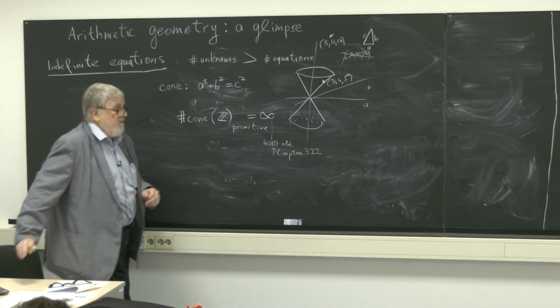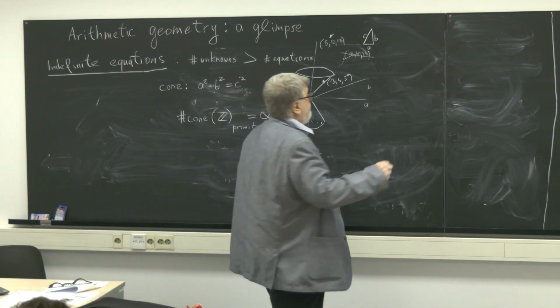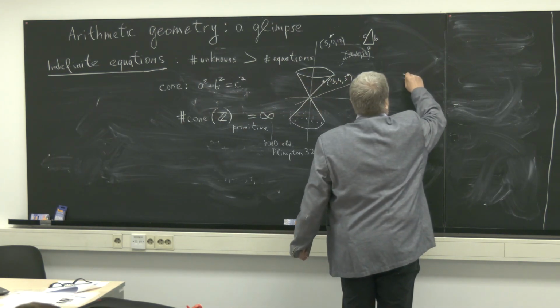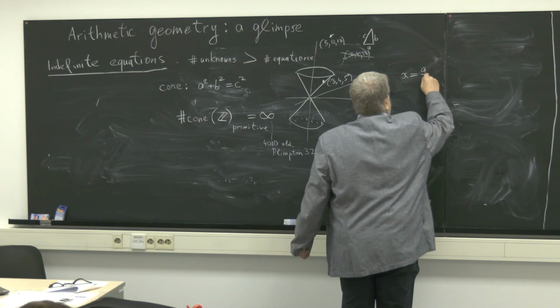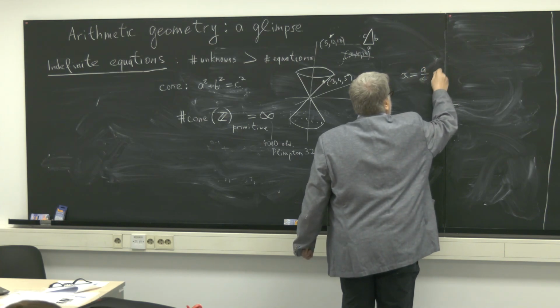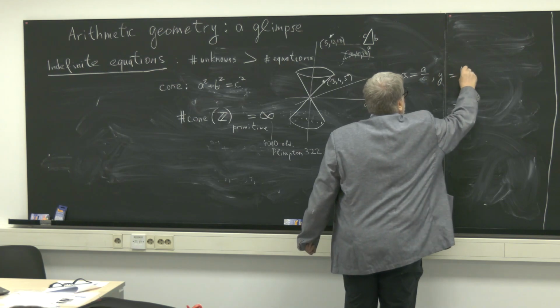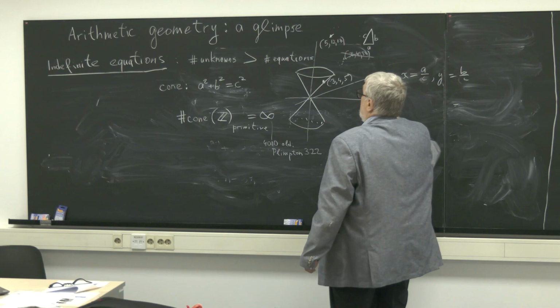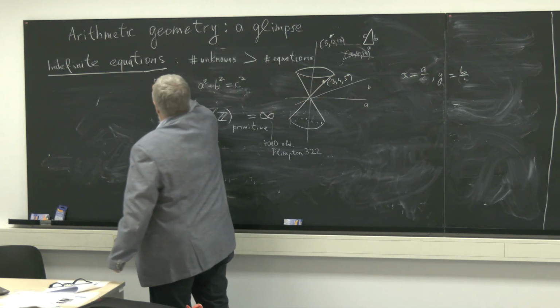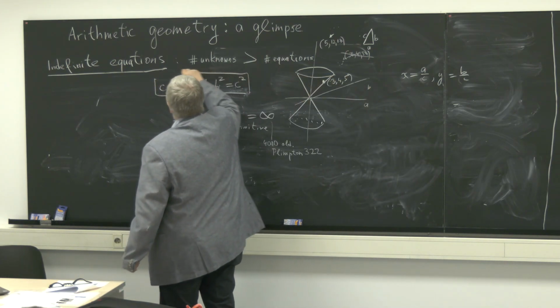So, introducing the new variables like A over C and B over C, we turn to the standard circle.